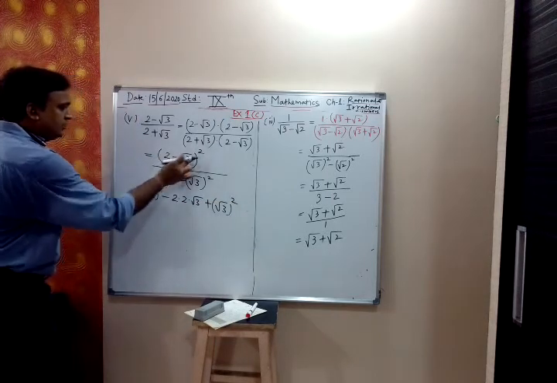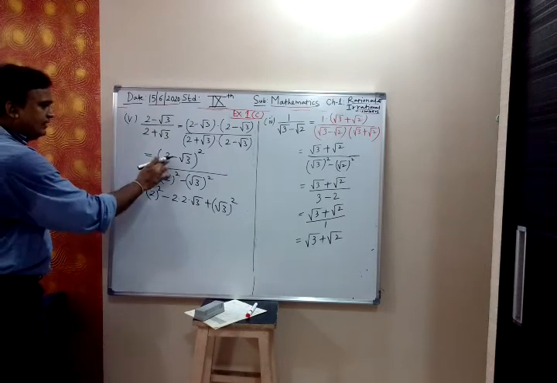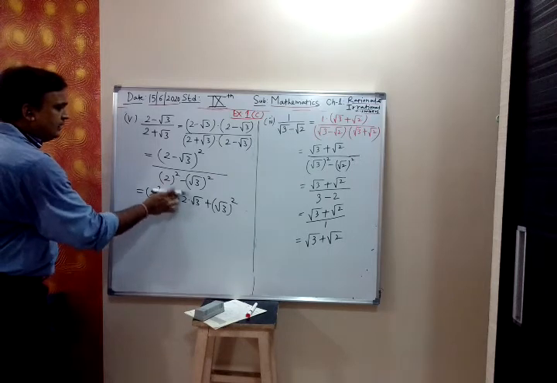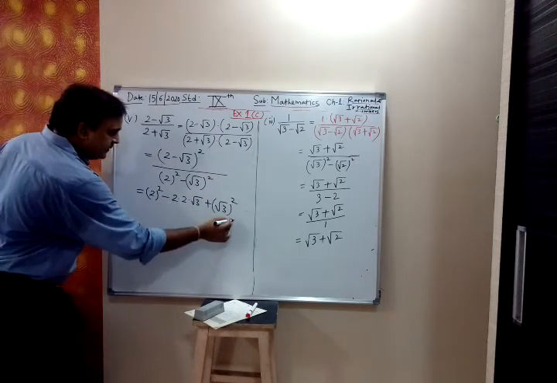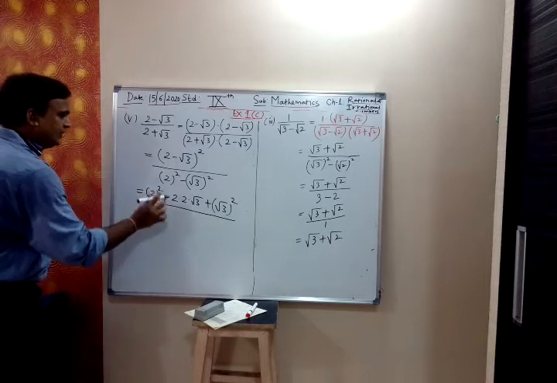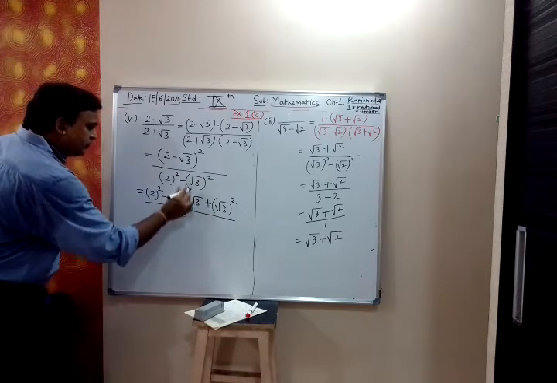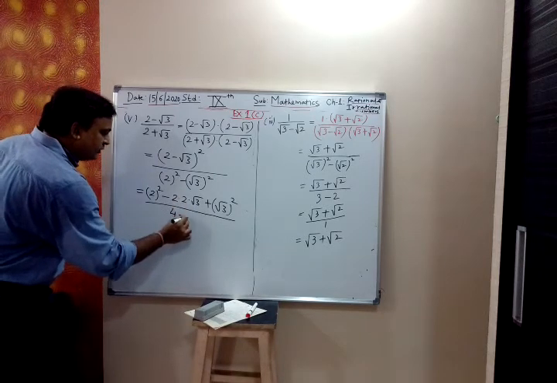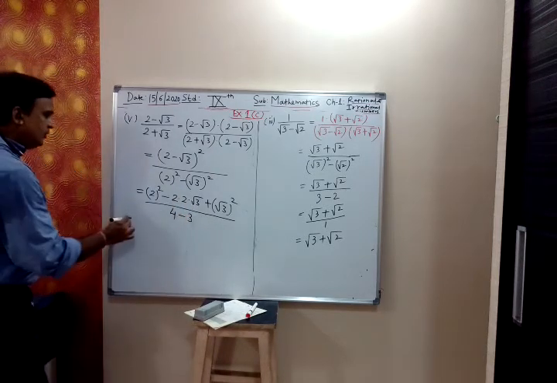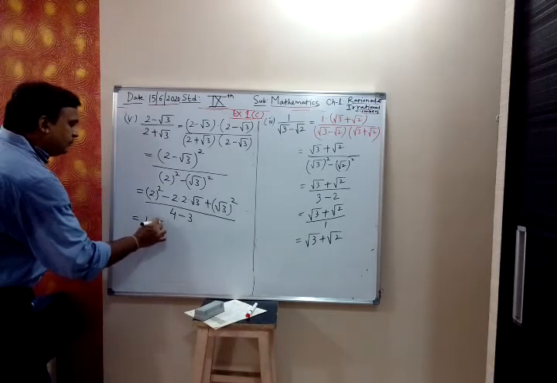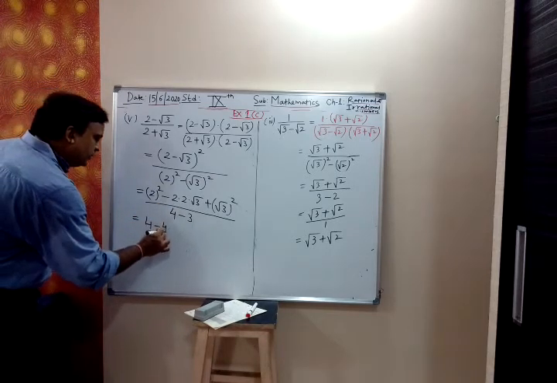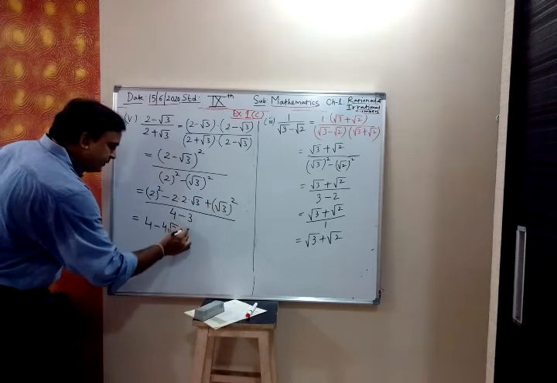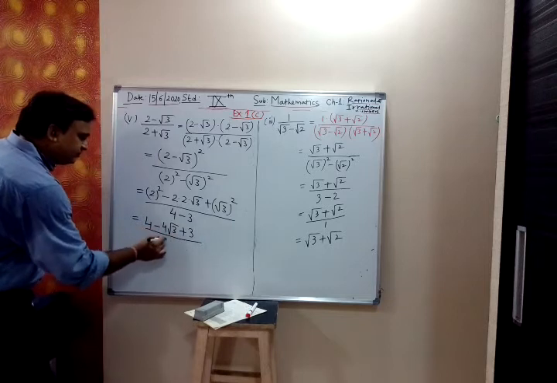Upon 2 square is 4 minus root 3 square, which is 3, so 1. Root 3 into root 3 is 3. So 2 square is 4, minus 2 into 2, 4 root 3, plus root 3 square is 3, upon 1.